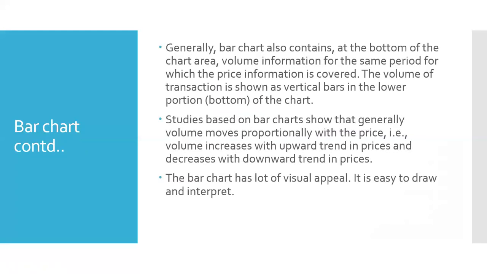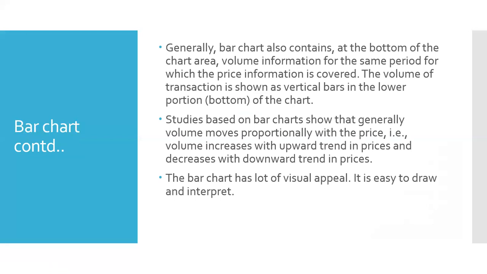Generally, in the case of a bar chart, in the bottom area, the volume of transaction is also shown. So vertical bars on the lower part of the chart show volume of transaction, and vertical bars on the upper side of the chart depict high low prices and closing prices, right?